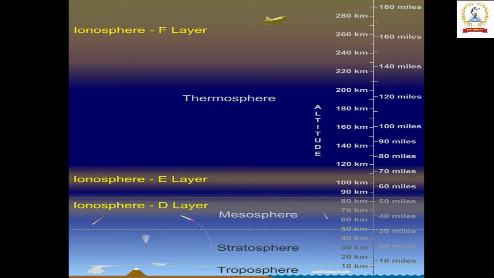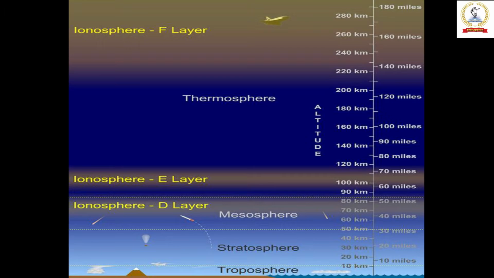You see, the D region is the lowest one. It starts about 60 or 70 kilometers above the ground, and extends up to 90 kilometers.